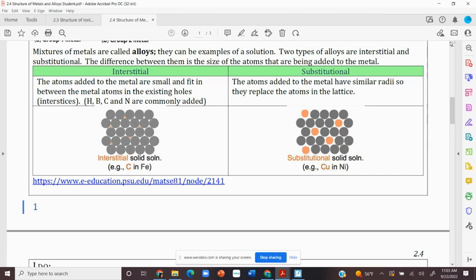They can introduce a very small element that fits into these holes. These holes are called interstices, and when they cool this back down, those little atoms fill in those holes. What does that do for the structure of this material? Makes it stronger. This is what steel is.